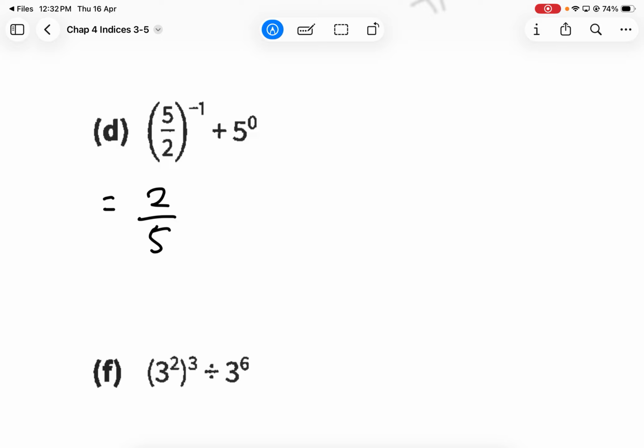Kylin, what is 5 to the power of 0? 1. 1, not 0. Then this is a number that I can add. So without a calculator, I can also know that this adds up to 1 and 2 over 5.